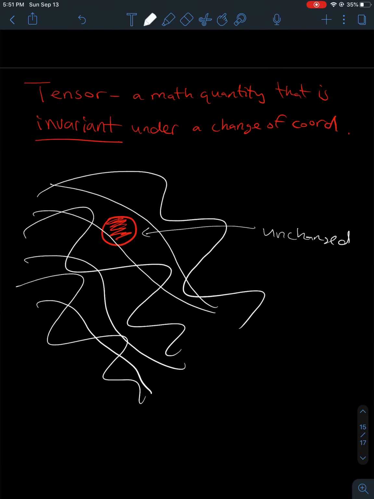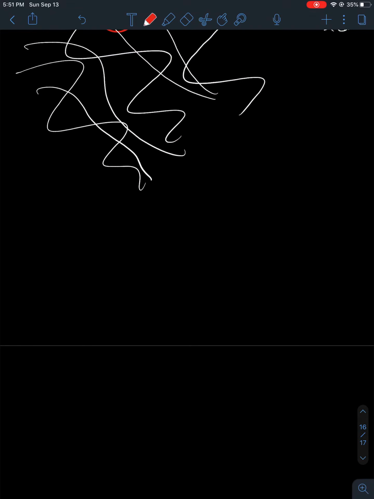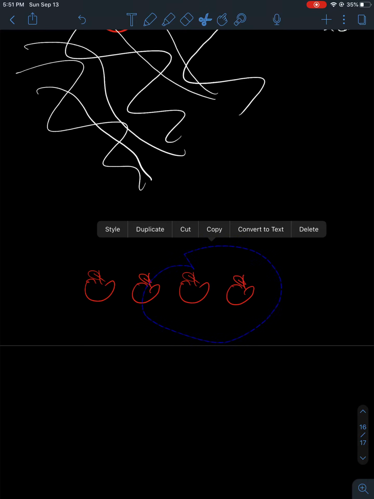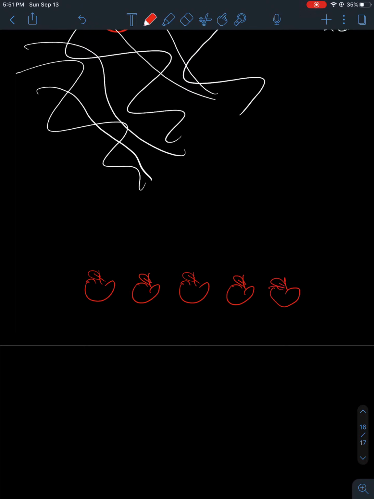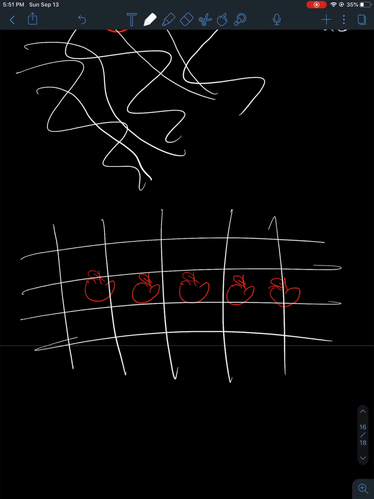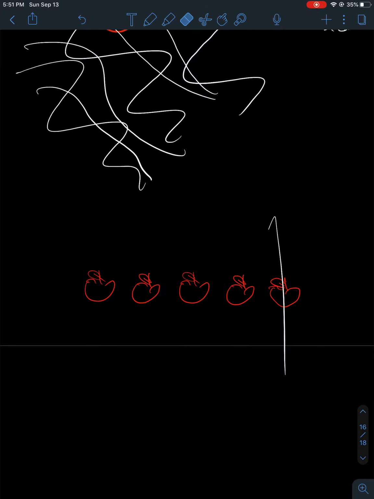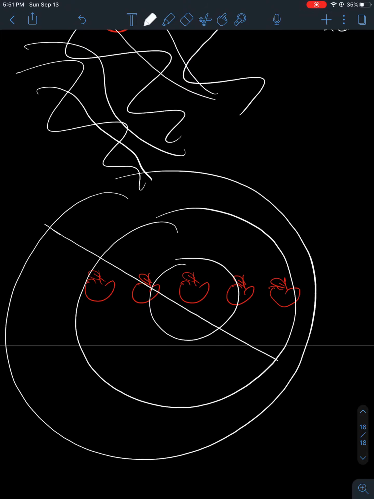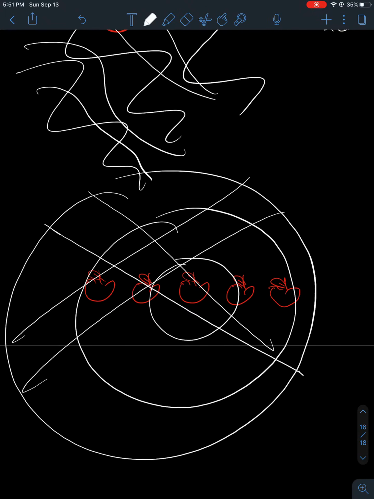If I drew 5 apples, 1, 2, let's copy and paste that, if I had 5 apples under a grid, and then I change that grid into something like this, like a Spider-Man grid, kind of, there are still 5 apples.